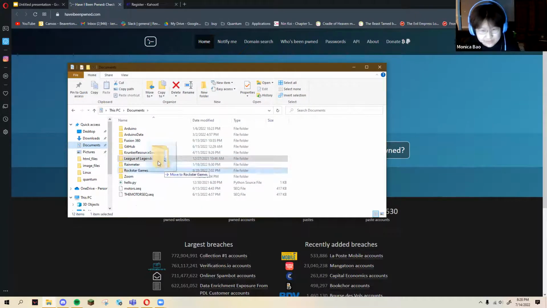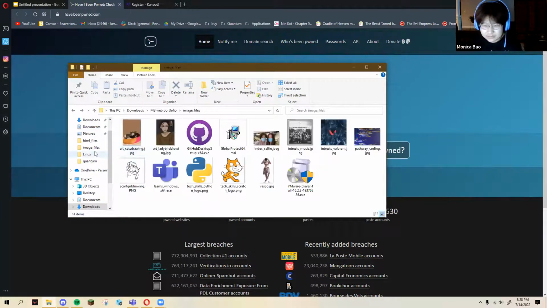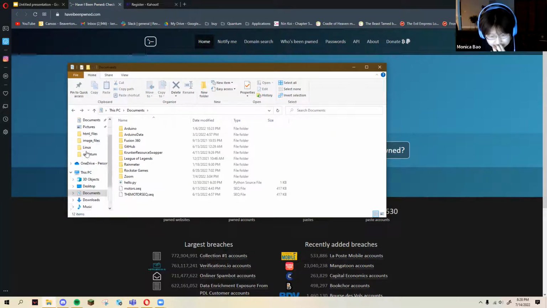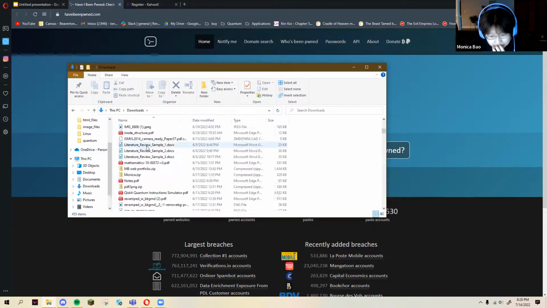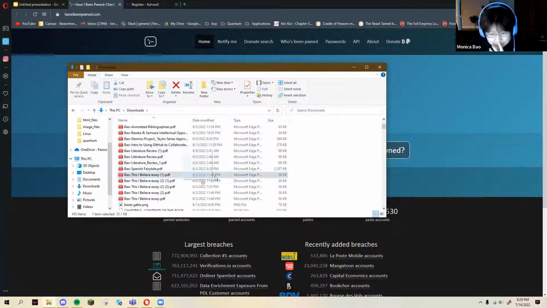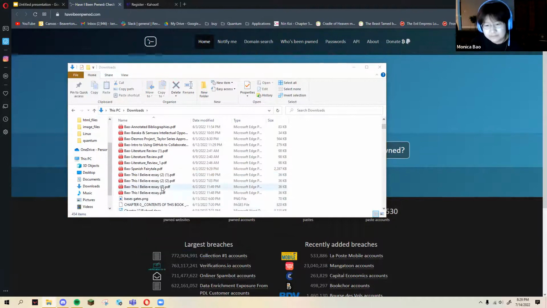I don't want League of Legends on my computer, so you can just move it. I guess for this one it wouldn't really work. It's more for a specific file. Pretend this is a piece of malware. You can just delete, and it moves it to your trash bin.